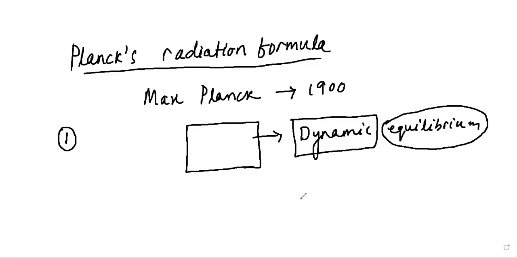Okay, so what he assumed here is the presence of harmonic oscillators. He considered harmonic oscillators lined up along the wall of the enclosure. These molecules or whatever you consider in the walls of the enclosure are all harmonic oscillators.